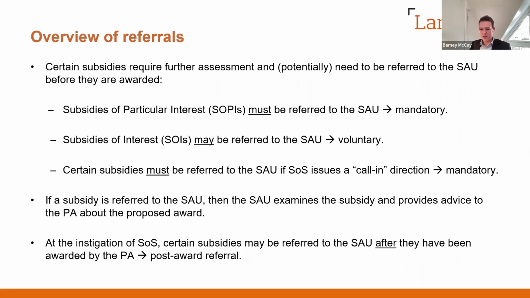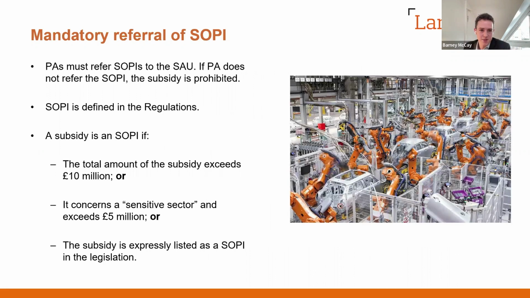There is a further process of referral, and that's post-award referral. The Secretary of State can refer certain subsidies to the Subsidy Advice Unit after they've been awarded by the public authority. And I'm going to explain all those referrals in greater depth now.